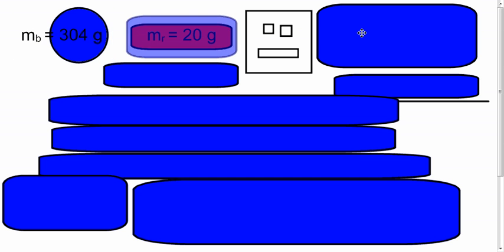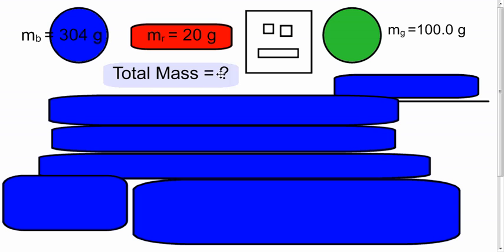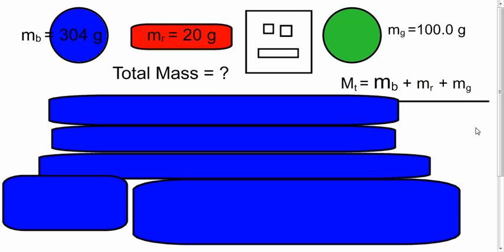Now, let's get back to that original problem. We've got these three masses. This one is 304 grams, 20, and 100.0 grams. We want to know the total mass. Now the formula is those three things added up.